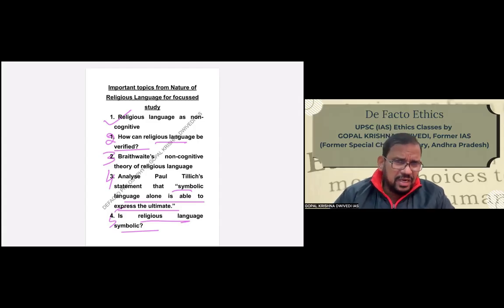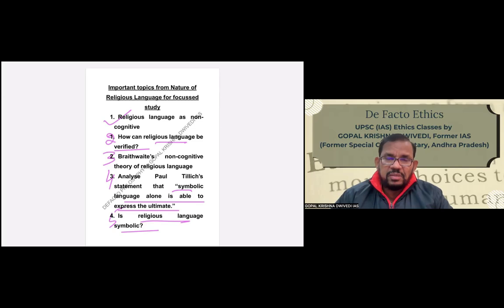Now, you can see there are overlapping topics, because when you say non-cognitive and when you say Braithwaite's non-cognitive theory, both in a way overlap, because Braithwaite is a part of the non-cognitive theories. There are other non-cognitive theories also.